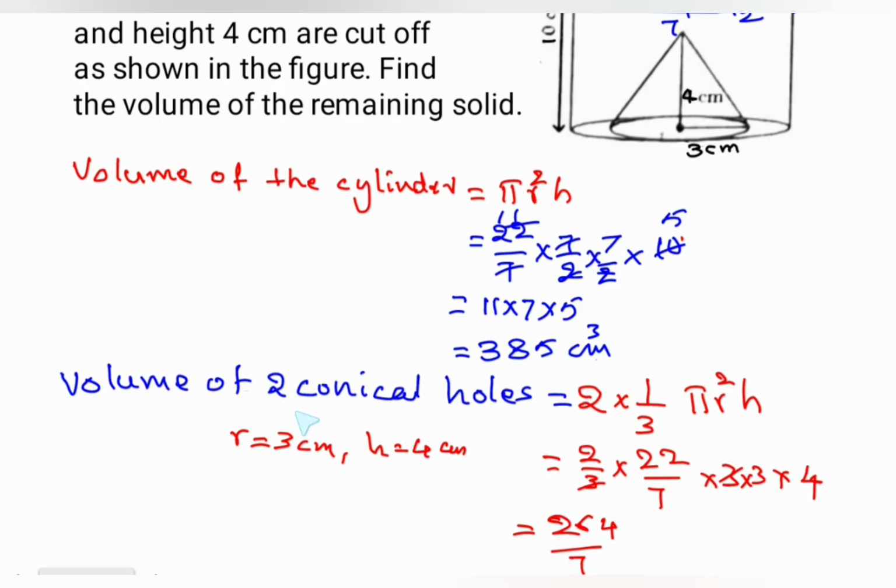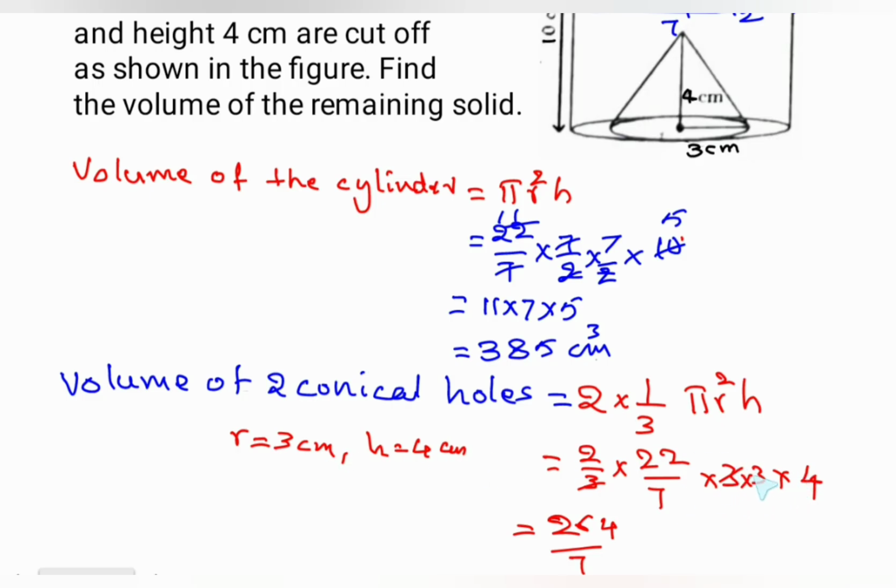And the volume of two conical holes is 2 into 1 by 3 pi r square h. The cone volume is 1 by 3 pi r square h, and the two conicals are there, so into 2. Pi equal to 22 by 7, r equal to 3 is given, and h equal to 4.